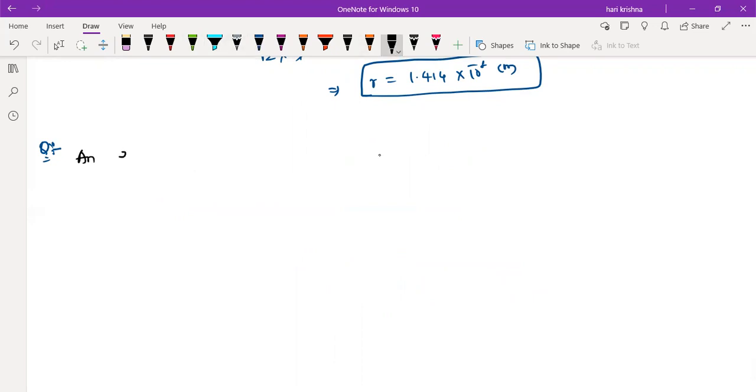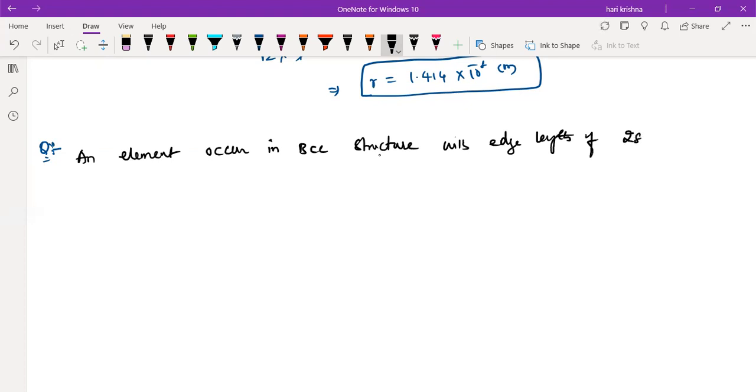Next, an element occurs in BCC structure. We have already done a similar problem before, with edge length of 288 picometers.